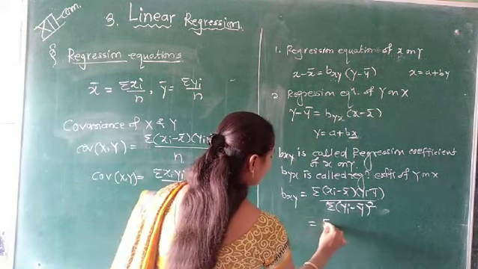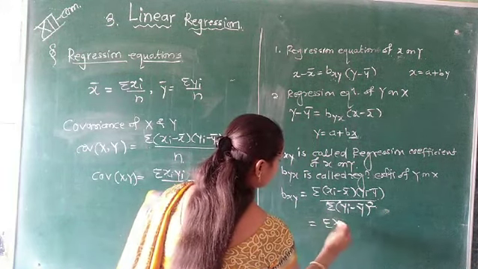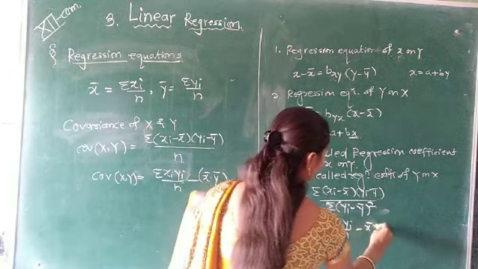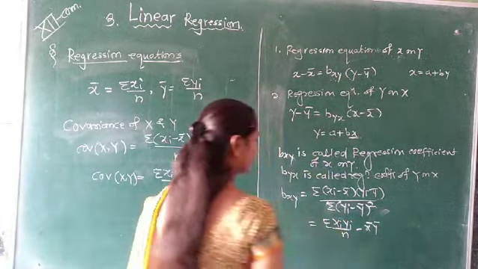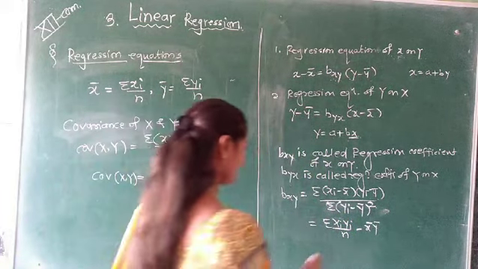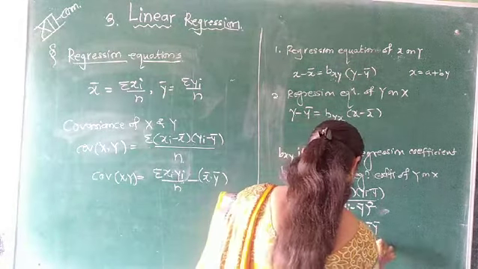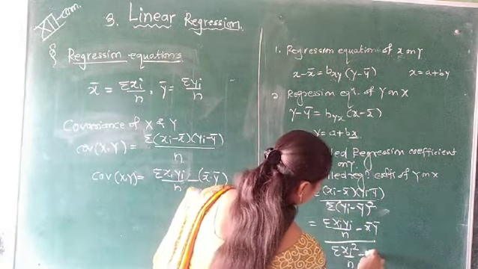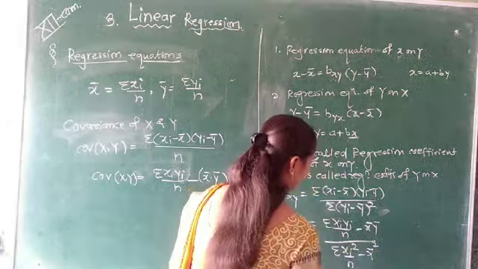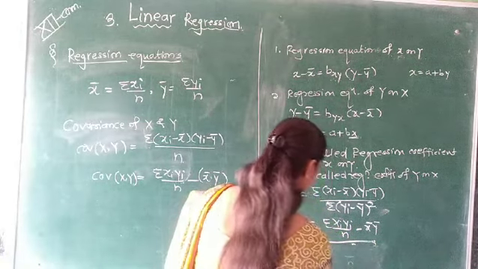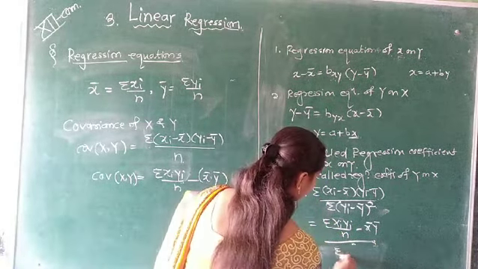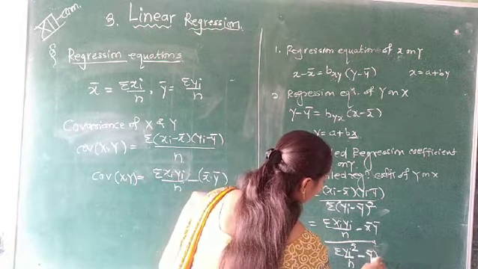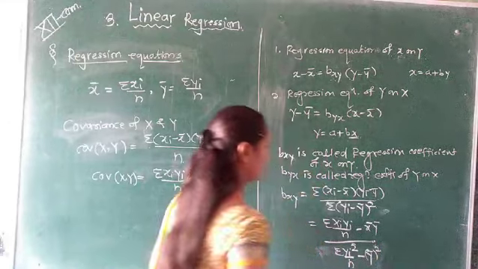Also we use the formula summation xi yi upon n minus x bar into y bar, an easy formula, divided by summation yi square upon n minus y bar square.